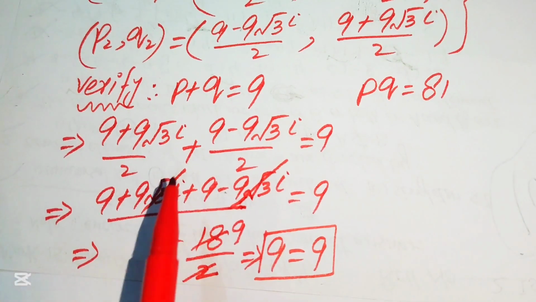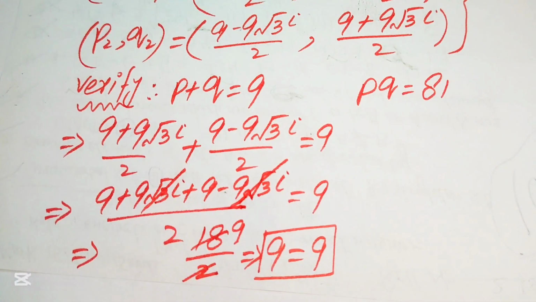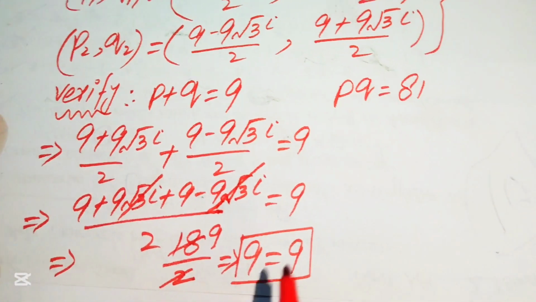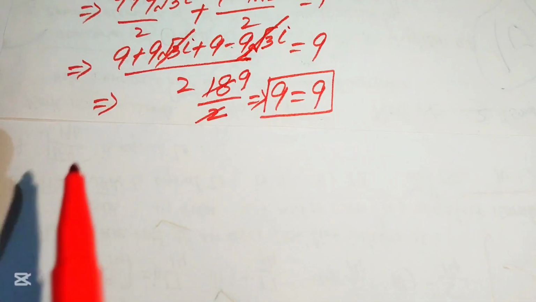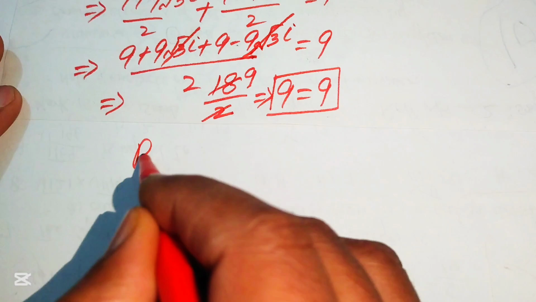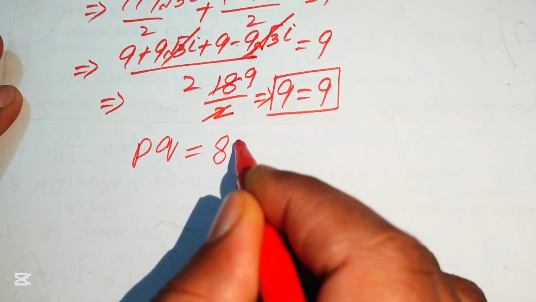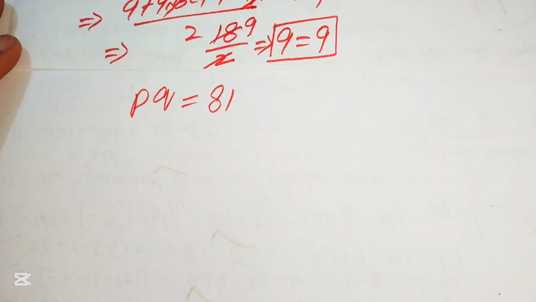This shows that the values of p and q satisfy the first equation. Now similarly we check these values in the second equation, pq = 81.